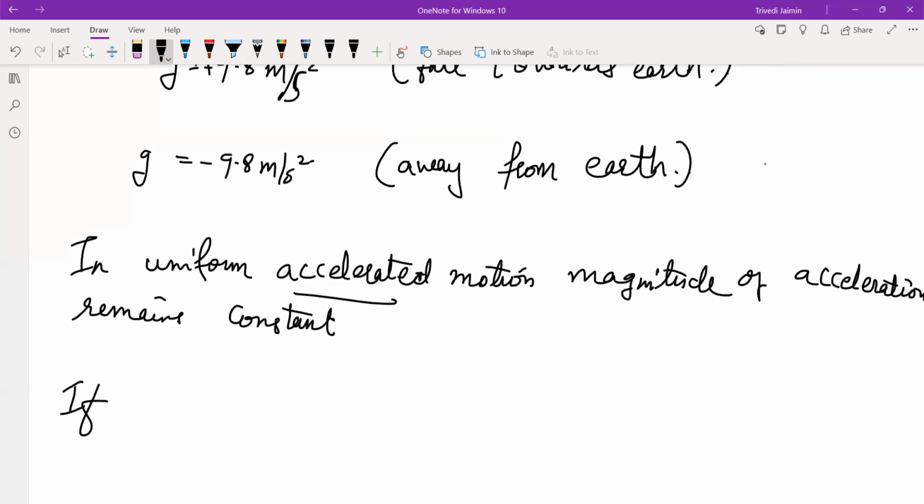If it is due to some other thing, then it will be some other value, and the velocity will not increase by equal amounts in equal intervals.